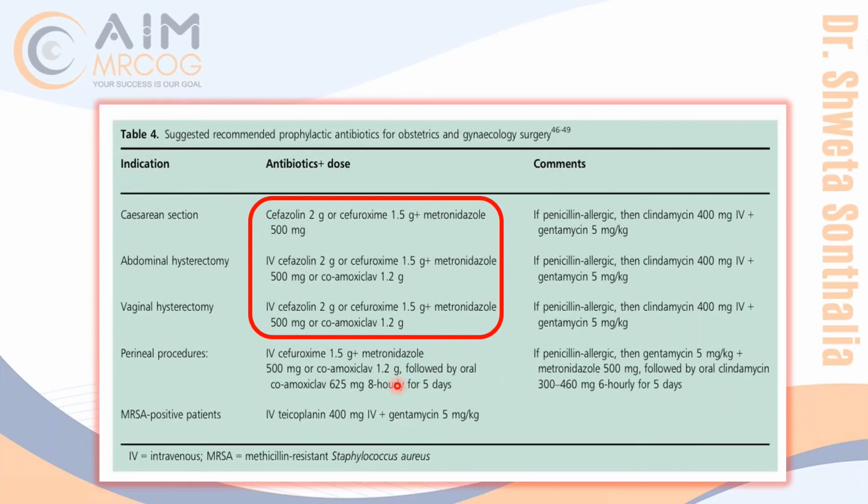Whenever you are doing manual removal of placenta, you will catheterize the patient, because there could be blood loss and she may go into shock, and an empty bladder also helps in placental separation. So catheterization as well as one dose of prophylactic antibiotic is what you have to give. The same for operative delivery: one dose prophylaxis, which is coamoxiclav. So don't get confused. Coamoxiclav everywhere, except in CS where you can give it after cord clamping, not before.